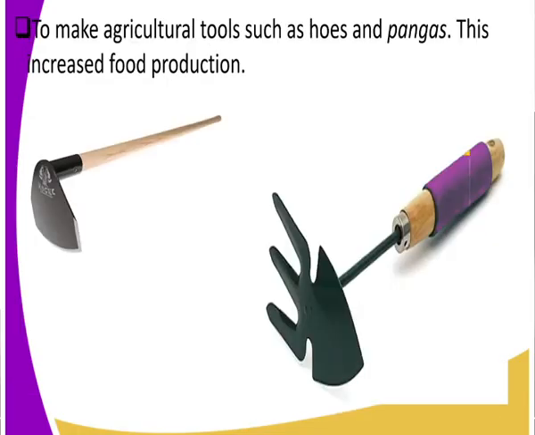Then also we have another use of iron, which is making of agricultural tools, and this can be dated back to early agriculture in Mesopotamia and early agriculture in Egypt. These are the kind of tools they used in farming. So we have the hoe, and we have the pangas, the jembes. However, a jembe and a hoe are closely related.